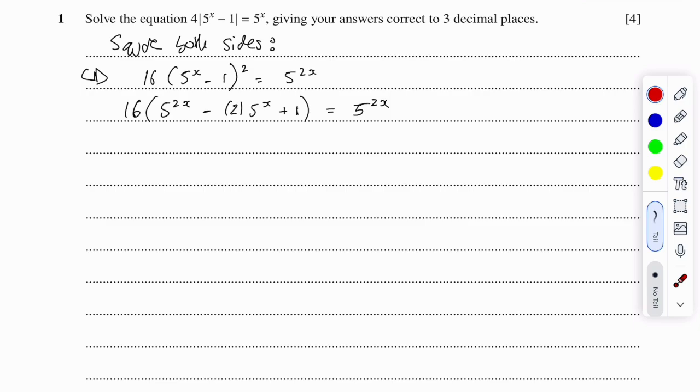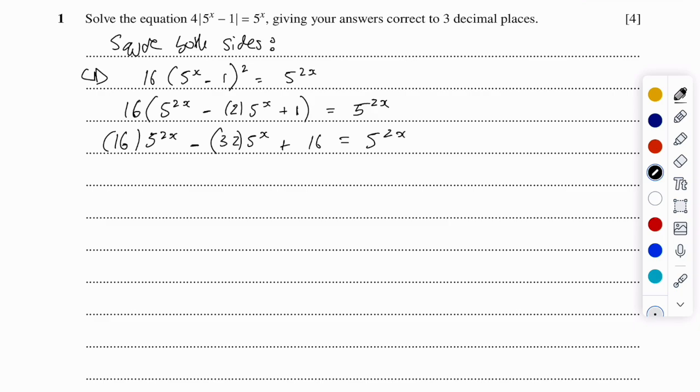So we've got that now. If we keep this going forward, what we get is 16 times 5 to the 2x minus 32 times 5 to the x plus 16 is equal to 5 to the 2x.